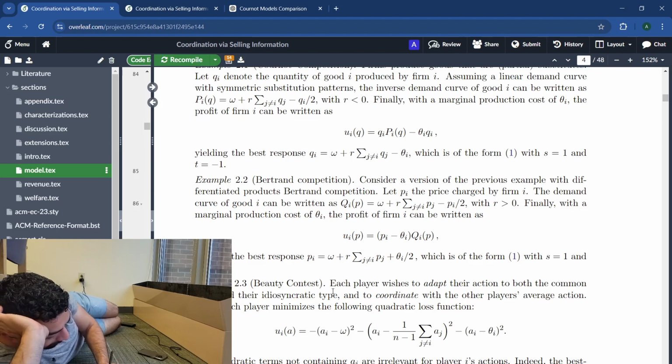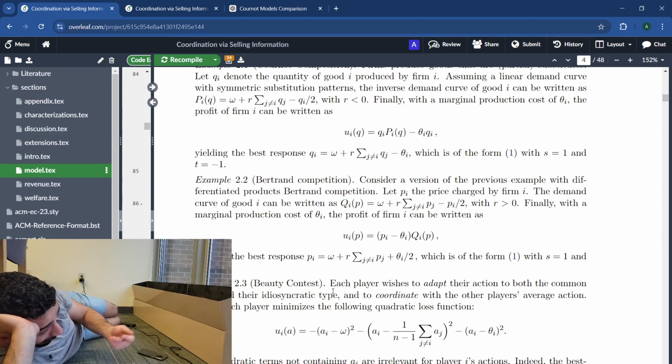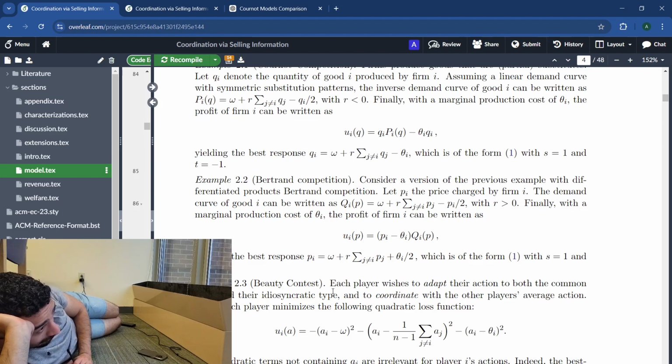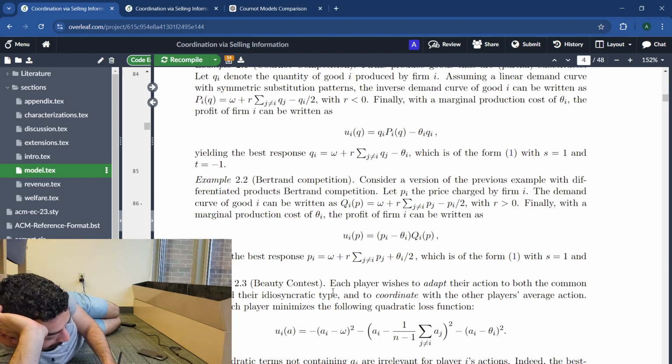Therefore, Ui of P will be: you charge Pi for quantity Qi of P, minus theta i times Qi. Again, this is the same formula. It should be Qi of P times Pi minus theta i.